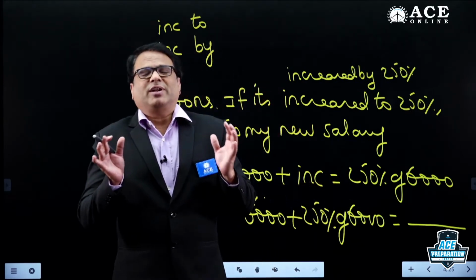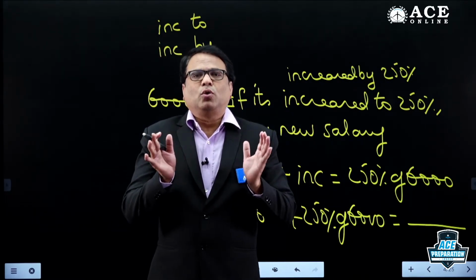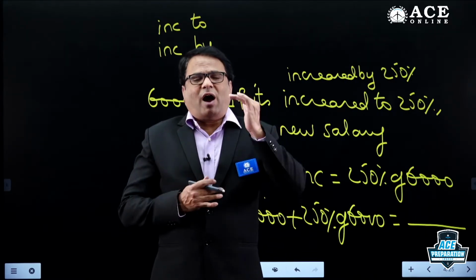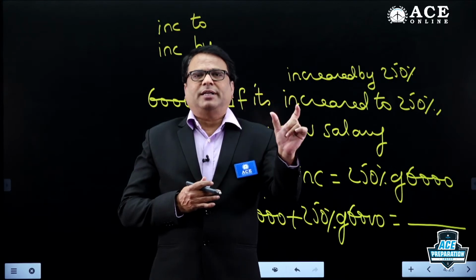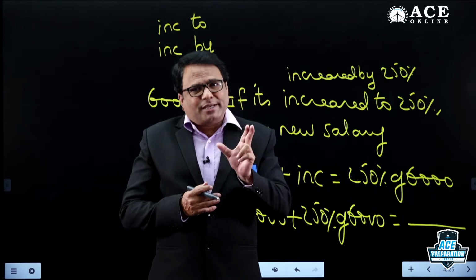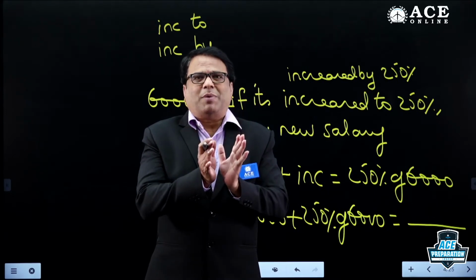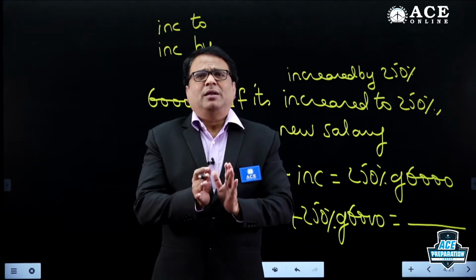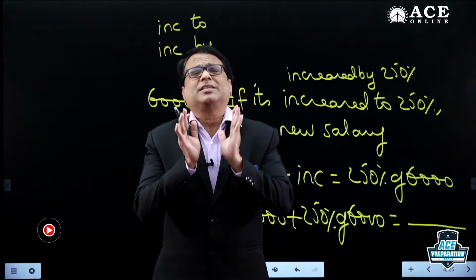So this is the difference between increased to and increased by. There is no need to get confused. After increased to, whatever percentage you get is the final number. If increased by is used, whatever percentage you get is purely the increased part.